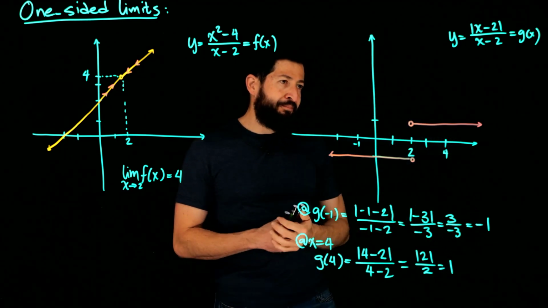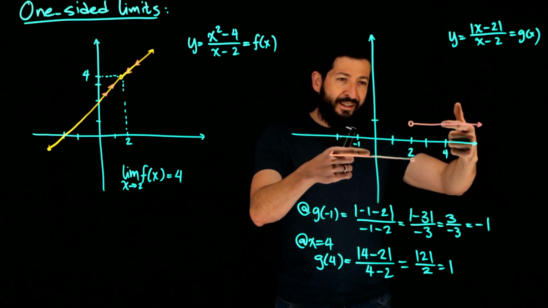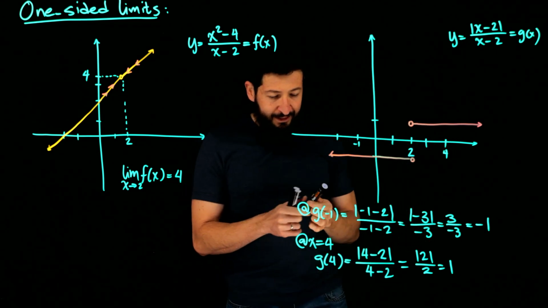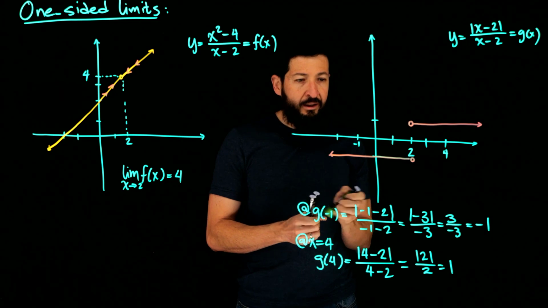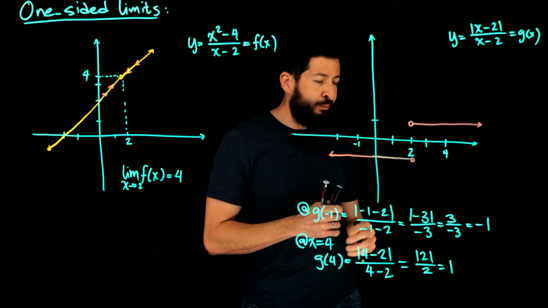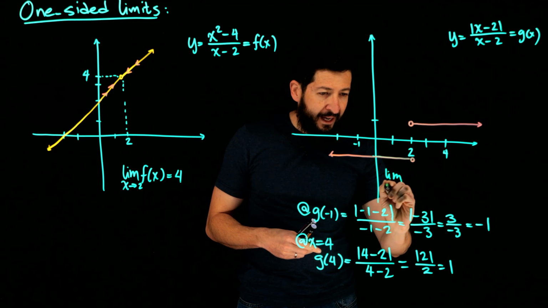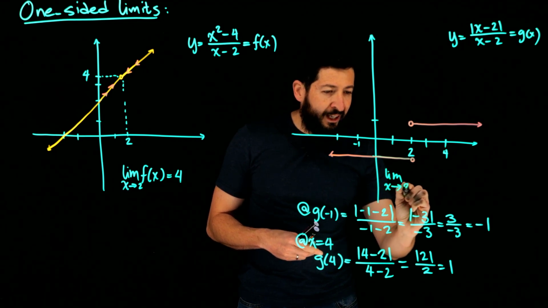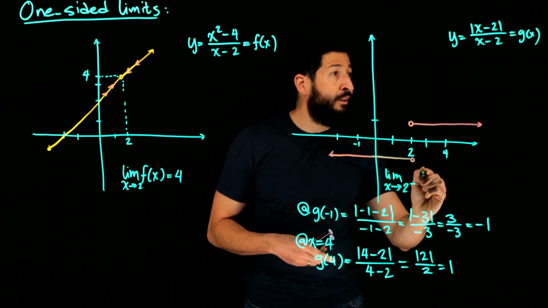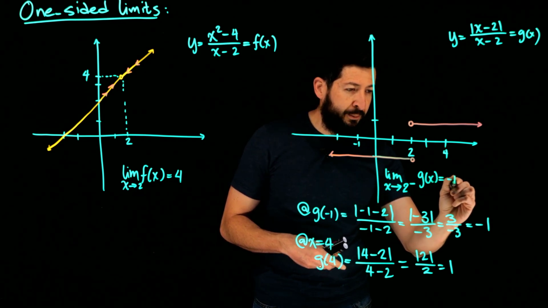All right, but here, then, there's no limit, right? When you're traveling on one side and the other, you're not approaching the same value. However, we will say that on this side, I am approaching some value. So I'm going to write here that the limit as x approaches 2, and I'm going to put this minus to say from the left, of this function we call g, is going to be -1.